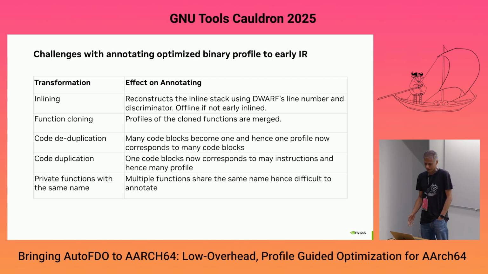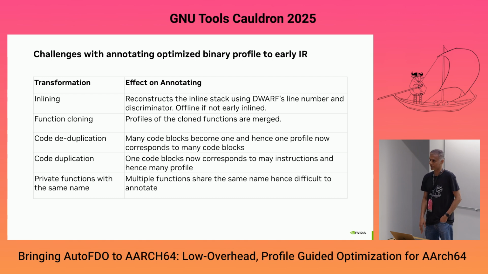For example, a lot of inlining would have happened. So AutoFDO creates the inline stack, and also does some amount of inlining based on whether the inlining decision turned out to be hot in the profile. And if we didn't inline, we offline that one.